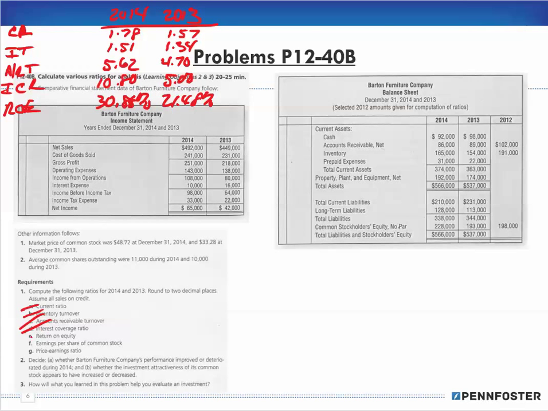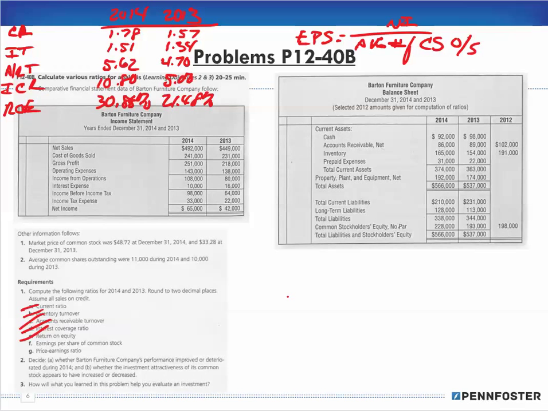So that's return on equity. Now we have earnings per share of common stock. So earnings per share is net income over the average number of shares of common stock outstanding.